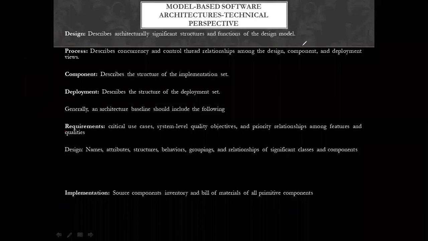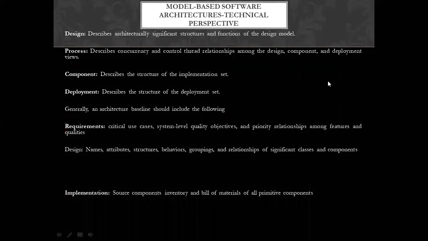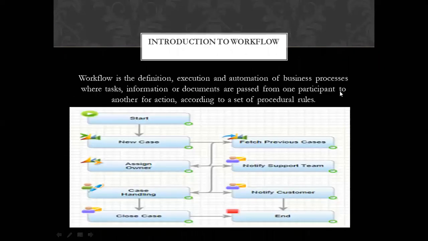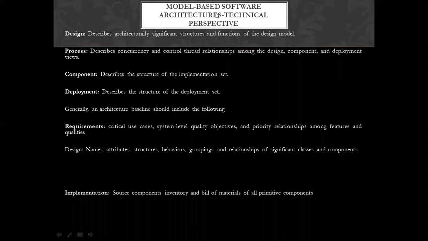Now let me move to the next slide. Here completes your model-based software architectures. If you want to remember some more things, I can discuss them, like this use case view.